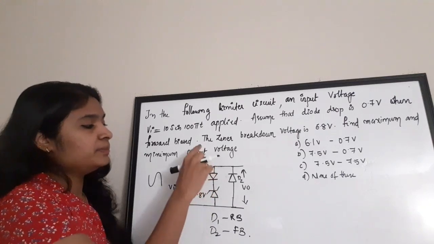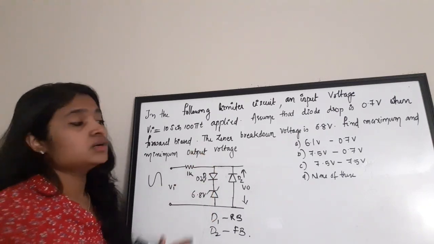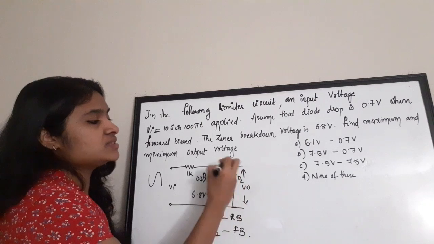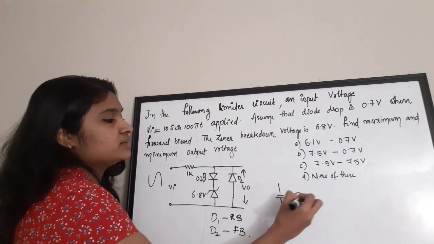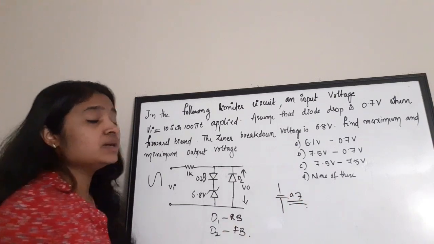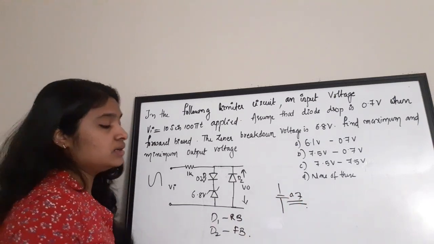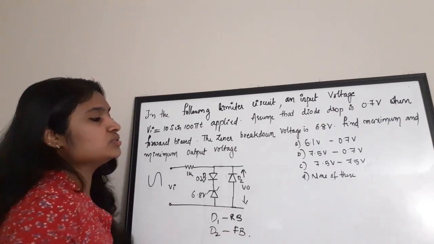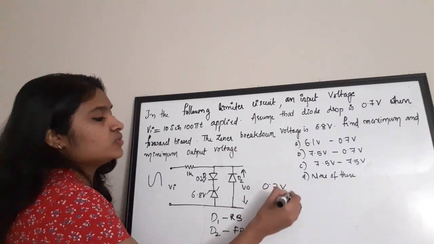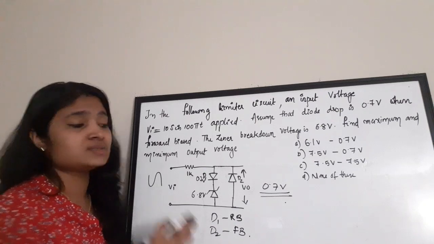D1 is making this branch open. So the voltage drop across this D2 will be equal to 0.7. So during the negative half cycle, the voltage coming to the output side is equal to 0.7 volt.